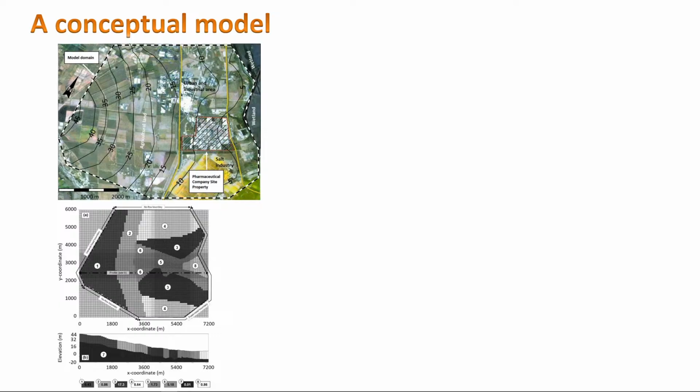This model has two layers, a surface layer and a deeper layer, and the surface layer generally has lower hydraulic conductivities. So part of my conceptual model is that I conceptualize the hydraulic conductivity field based on the available data.